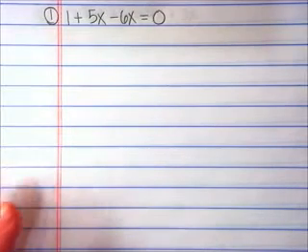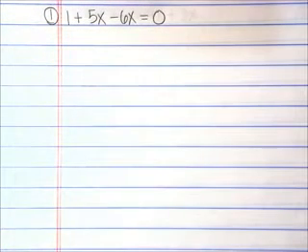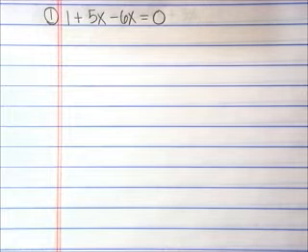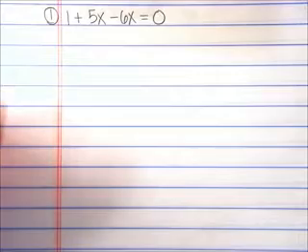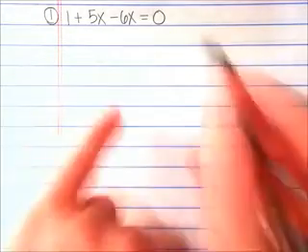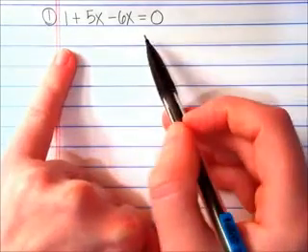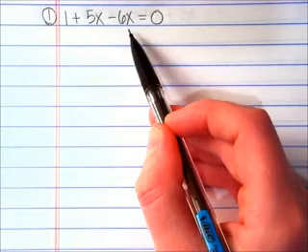The first equation that we're going to work with is 1 plus 5x minus 6x. For this equation, remember, we're not just going to solve it. We're going to justify our steps using the properties. So step 1 was to get rid of the parentheses, and there are no parentheses and there are no fractions. So we need to combine our like terms.